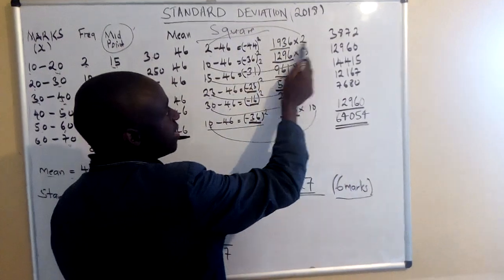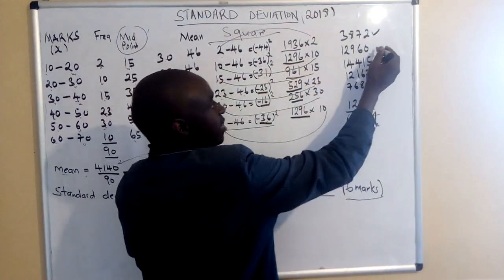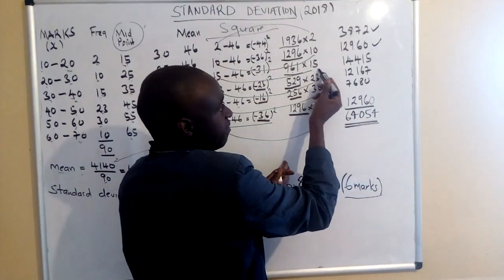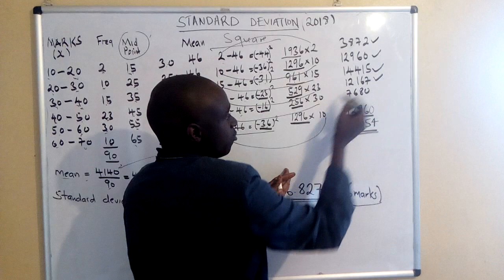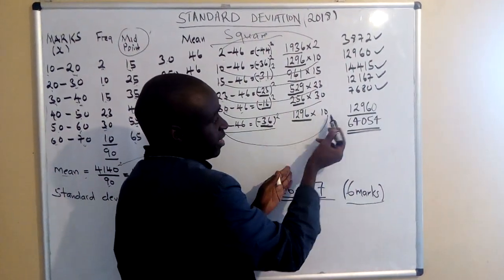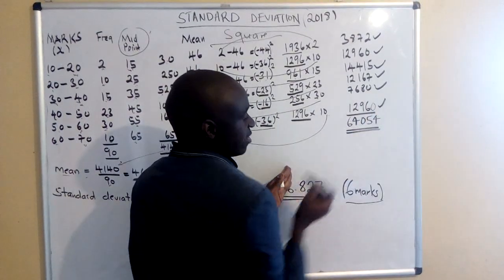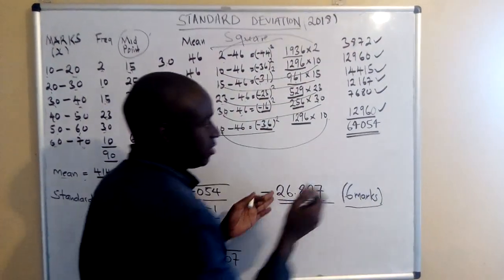This number by 2 gives us this number this side. This number by this number gives us that one. This one and 15 gives us that one. 529 by 23 gives us that one. This one by that one gives us that one there. This one by 10 gives us that number. From here we find the total, which is this one here.